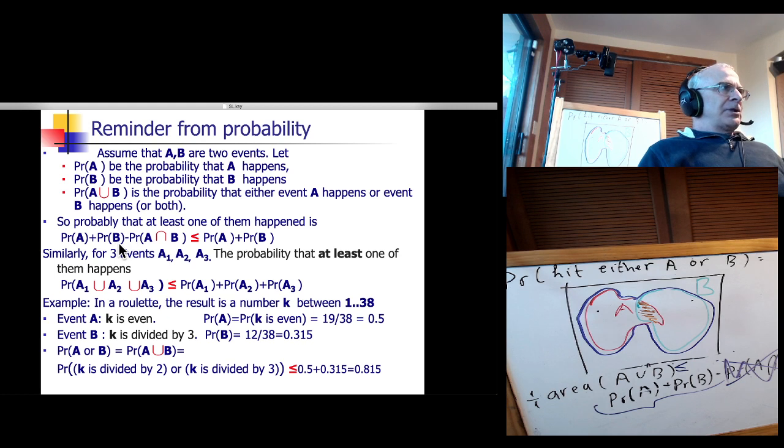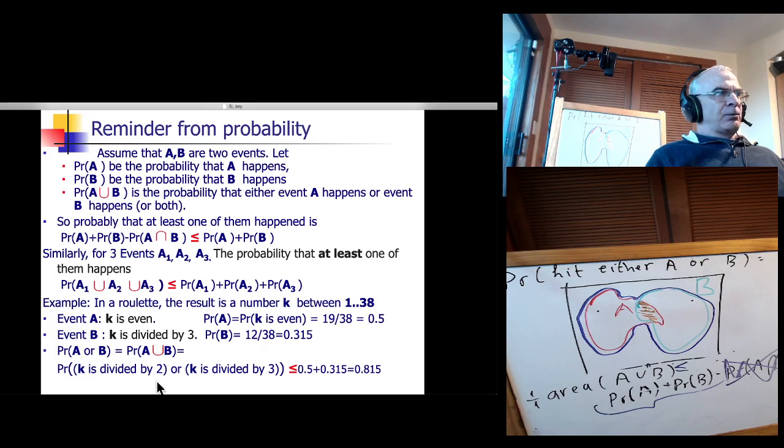And this will be true in general. So if I have 3 events, then the probability that either A1 or A2 or A3 happens is smaller than just summing up the probabilities of each individual event.